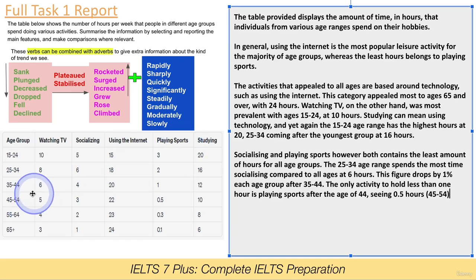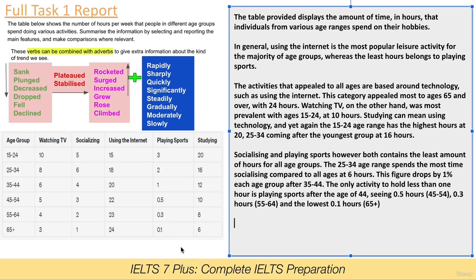We're checking the numbers are correct here. 0.5 hours, 0.3 hours, brackets 55 to 64, and the lowest 0.1 hours, 65 plus.